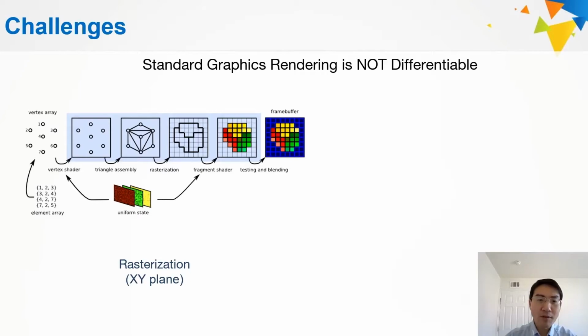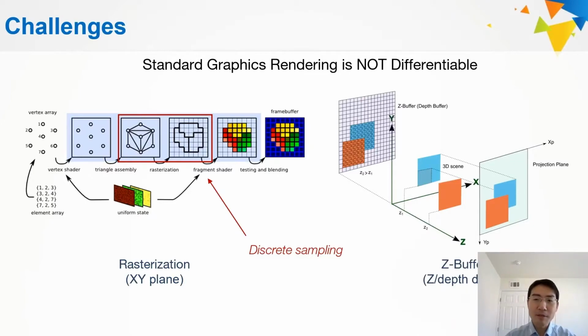We need to convert these vertices into 2D space and quantize them. We see that this is the frame buffer. From the original part to this one, these steps require discrete sampling. But this step is not differentiable.